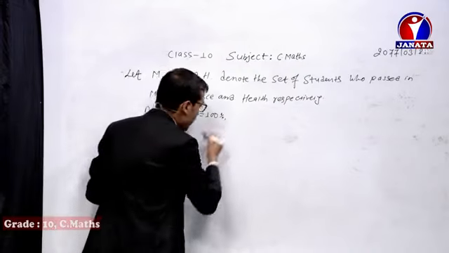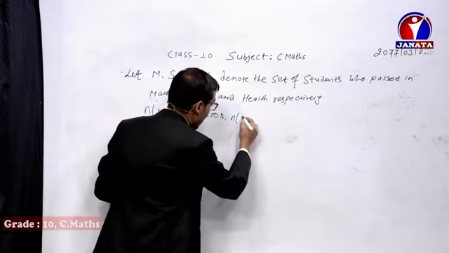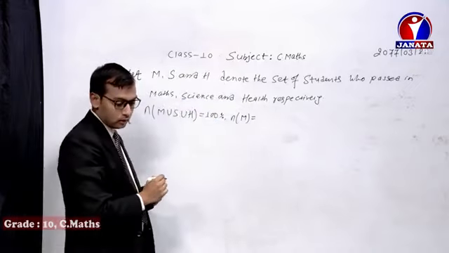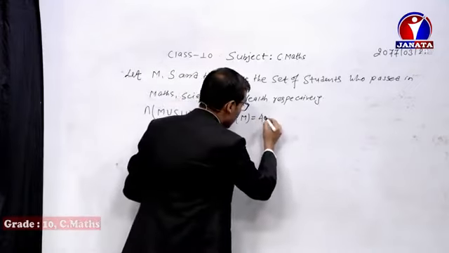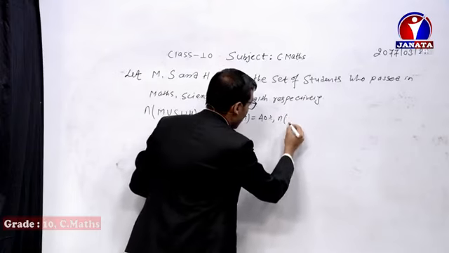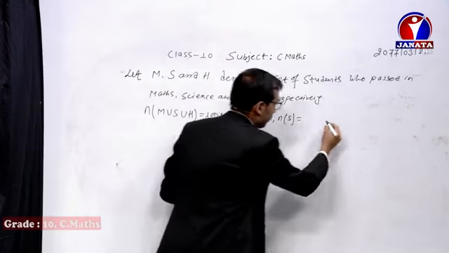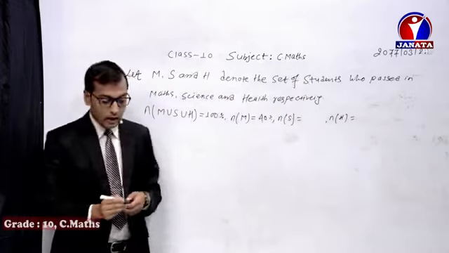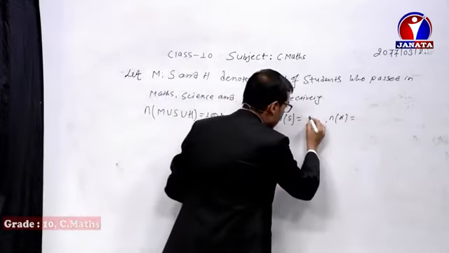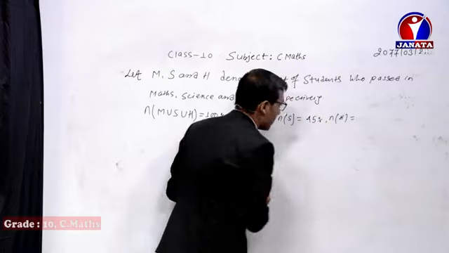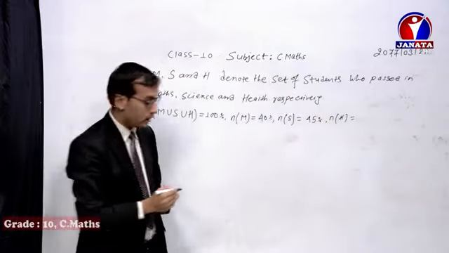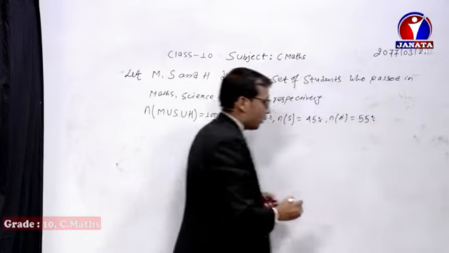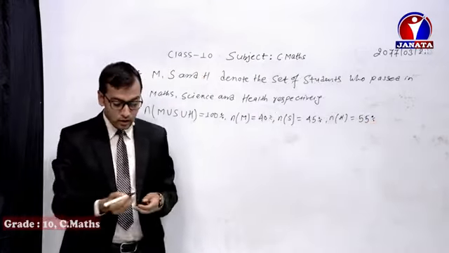Let's write the other information mentioned. What is n of M? n of M is 40%. What is n of S? 45%, and n of H is 55%. We also have other information here.